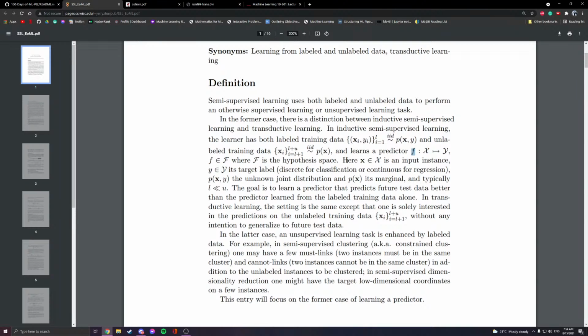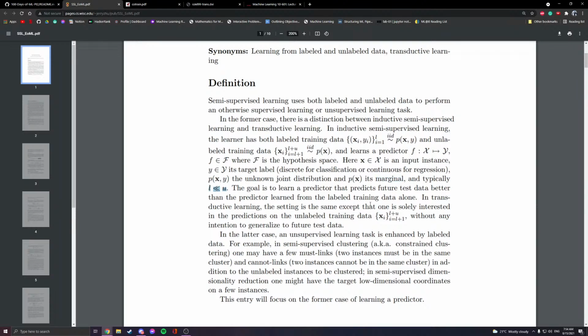Here, small x is the subset of X, which is input instance, and y is the target label. P of x comma y, the unknown joint distribution, and P of x is its marginal.